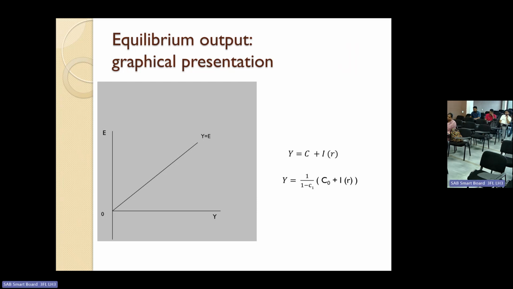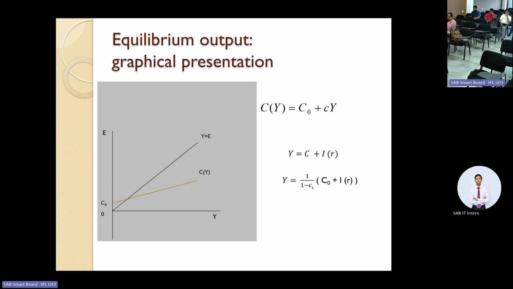So then we can add the consumption function, C naught plus C1 Y. Our consumption function depends on income. It is an upward sloping curve starting from a positive intercept that explains the autonomous consumption, C naught.